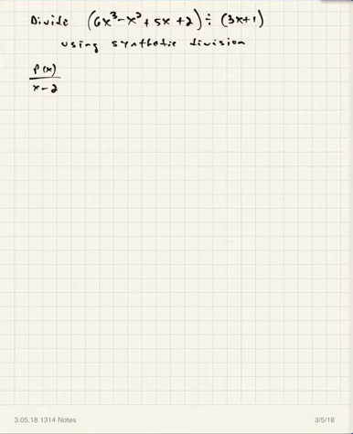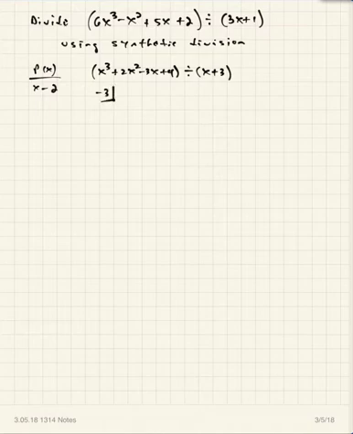So like if you took this polynomial, and we're going to do something simple, x cubed plus 2x squared minus 3x plus 4 divided by, let's say, x plus 3. That's not a hard problem using synthetic division, because you just divide by -3.